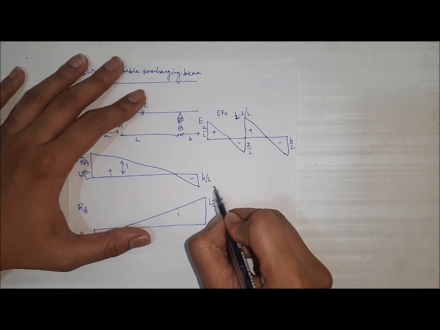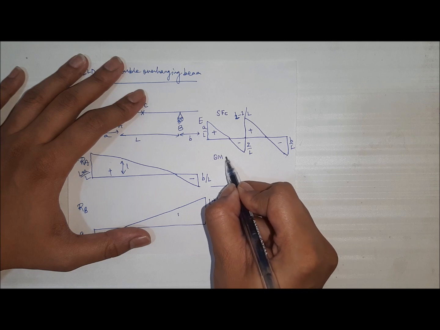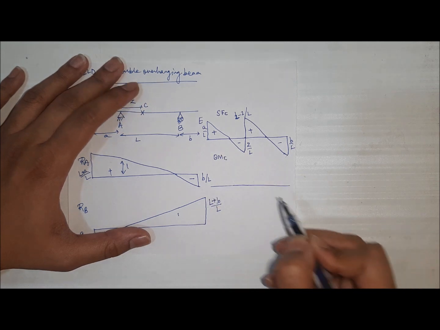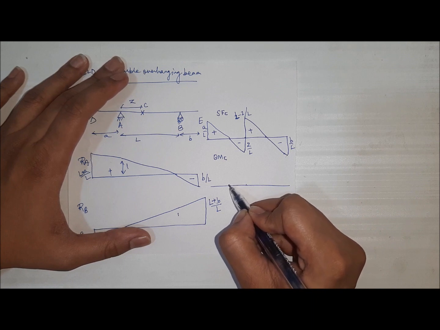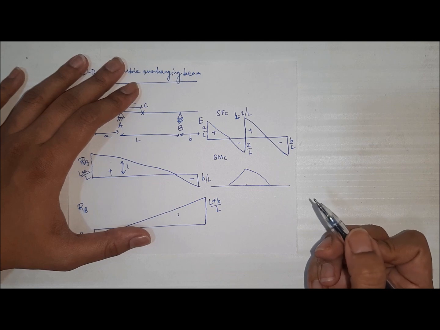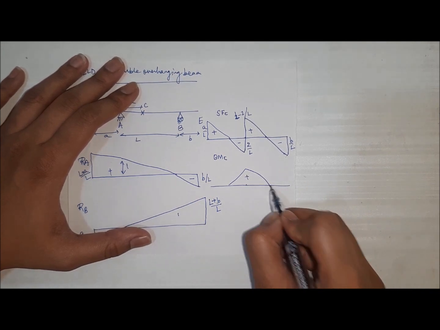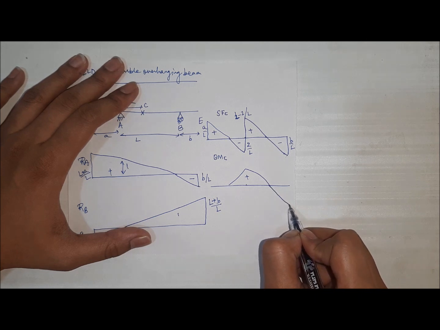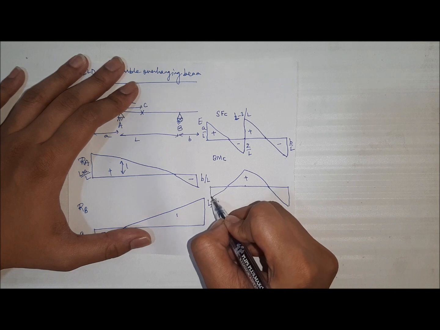Now we are supposed to find out the ILD for bending moment at section C. This is the point. Again we will consider AB as a simply supported beam. We are having the same figure as we have plotted for simply supported beam, a triangle positive. Since BE part is free, it will go downwards like this and here also it will go downwards like this.